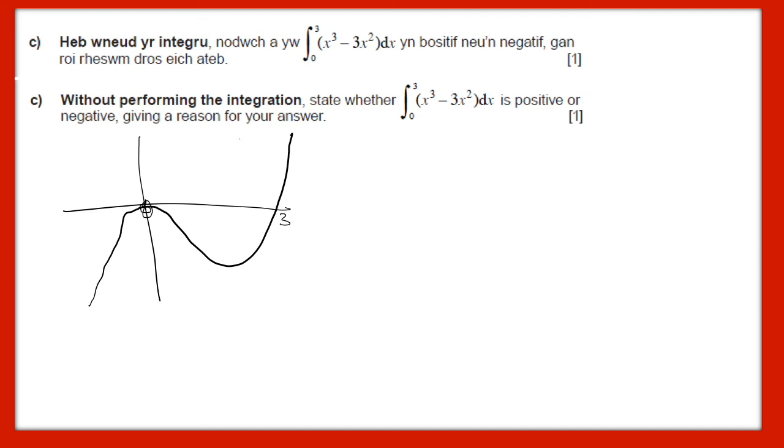So we know that the area under a curve is given by the integration. And that's all to do with the fact that we can split the curve up into little strands, or little rectangles, and each of those has a thickness.